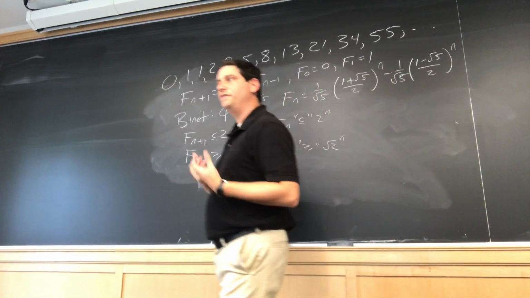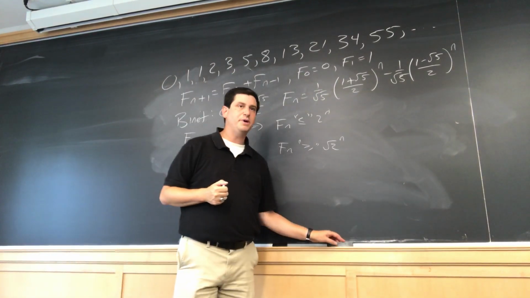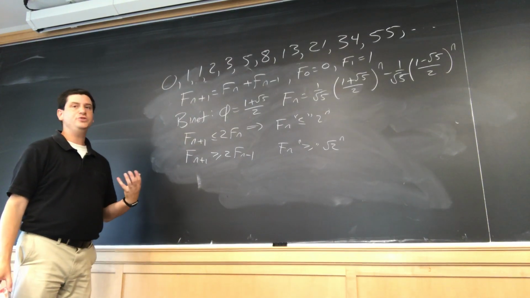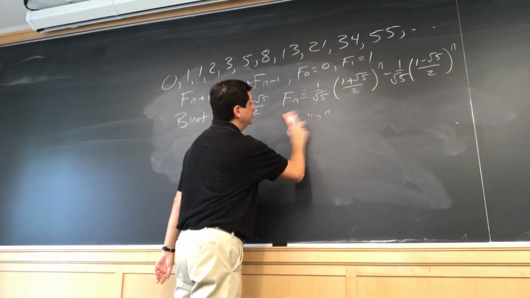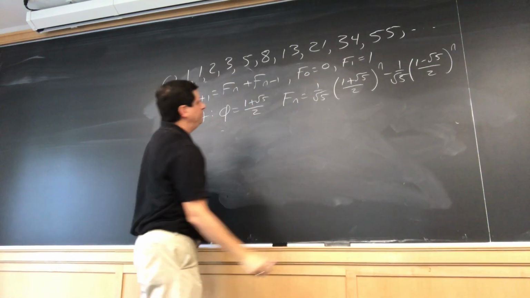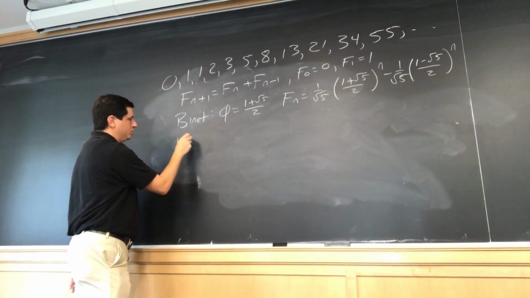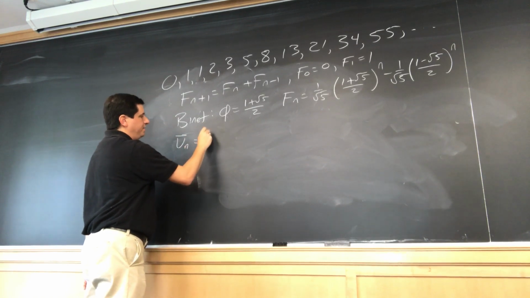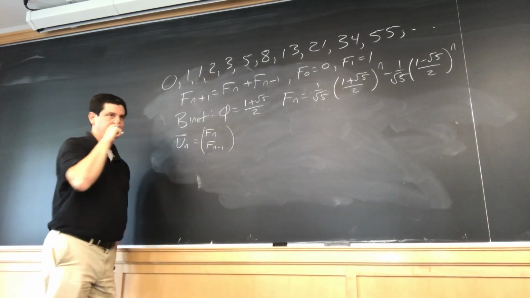I want to solve this using linear algebra. There is a tremendous amount we could do on this, but I want to show you how we can use linear algebra to solve something like this. So we have the recurrence relation, Fn plus 1 is Fn plus Fn minus 1. I'm going to let Vn be the vector Fn, Fn minus 1.